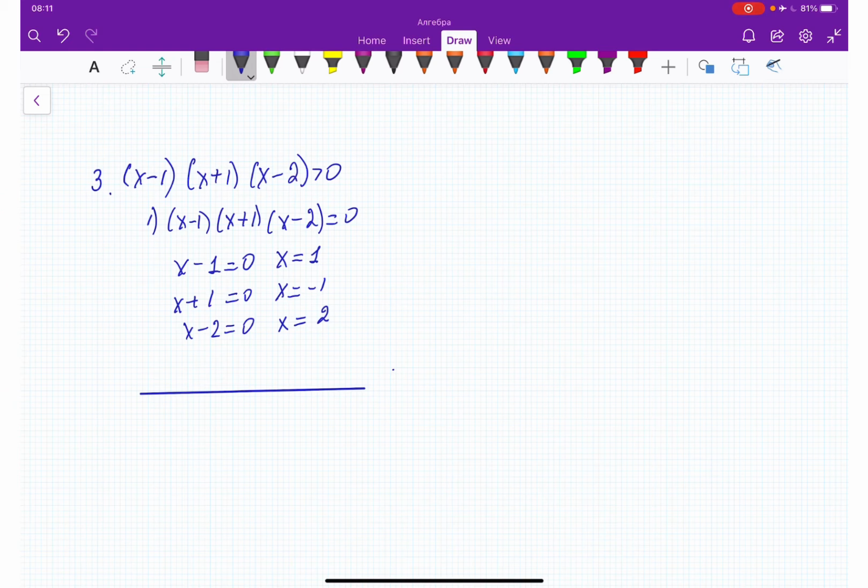So negative 1, positive 1, and positive 2. Let me draw a graph here. Well, okay. That's the way it's supposed to be. I can stretch this one a little bit.